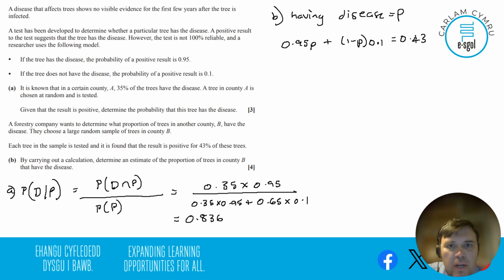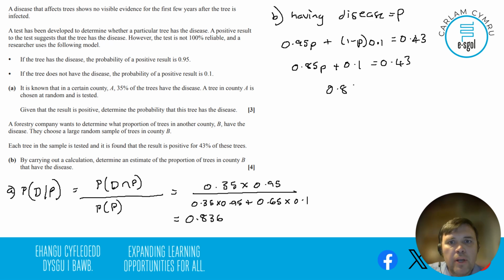From this, we would have 0.95p minus 0.1p, so it is going to be 0.85p, and then this is going to be plus 0.1 equals 0.43.